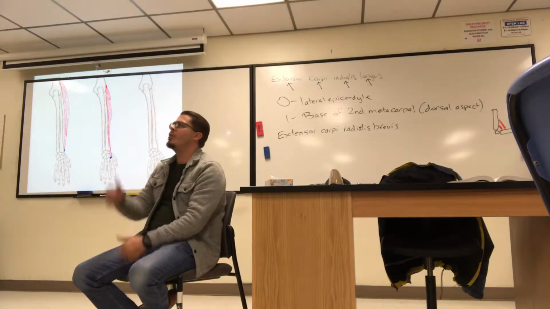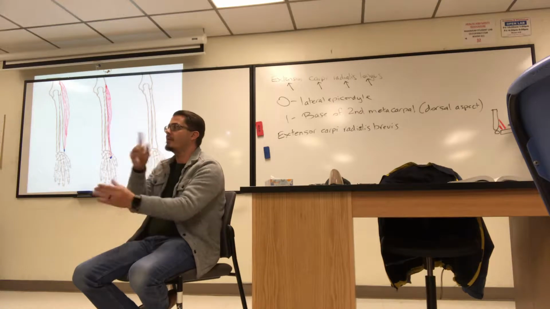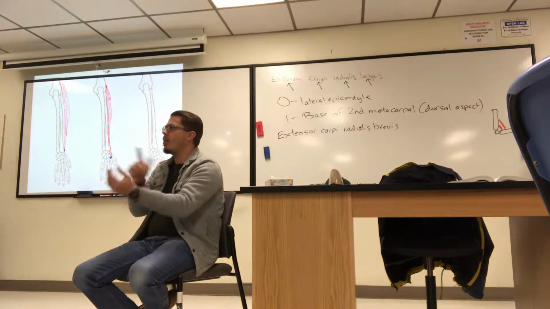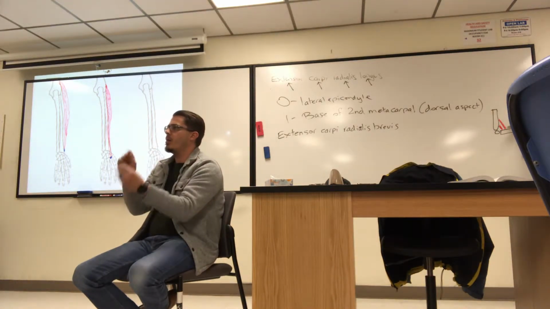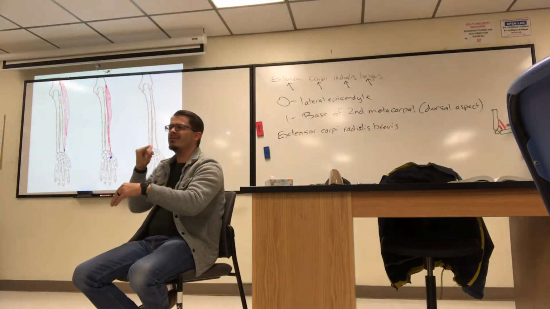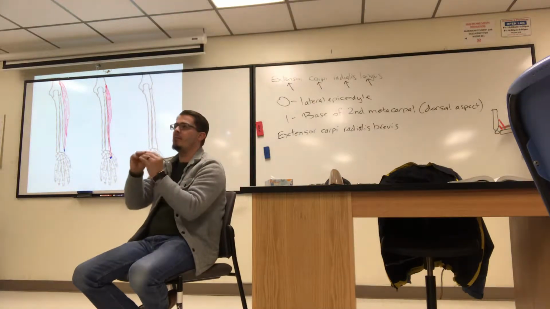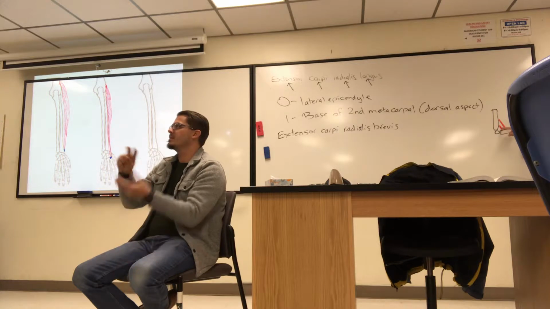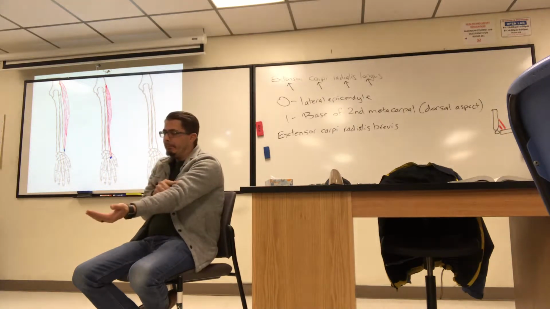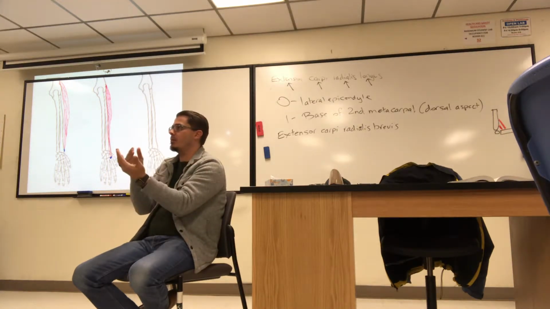Well, which one's the longest? Obviously the one that's longer. Now, why does it have to be longer to be more superficial? Well, if it's on top, it's pretty much going to be longer. So brevis muscles are usually shorter and deeper. Longus muscles are more superficial and they're longer.